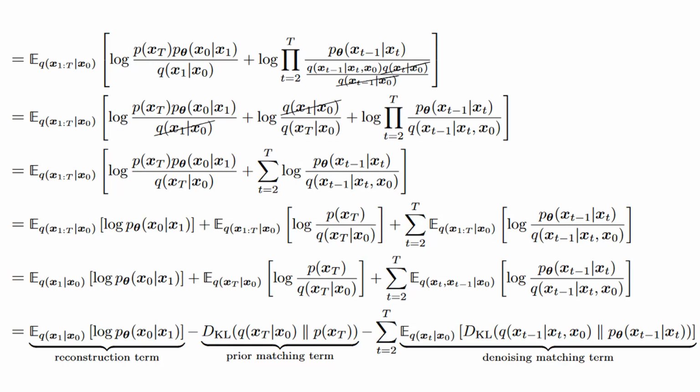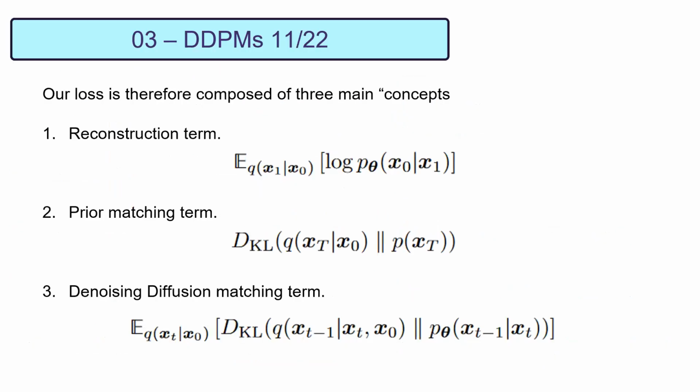All right. So if you take the terms separately, the first term is the reconstruction. Once the diffusion process is finished and the reverse diffusion is finished, the step from going to x0 given x1 needs to be as likely as possible. So this means that if I have an x0 in training, I need to be able to reproduce x0, right?